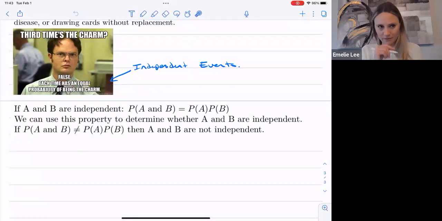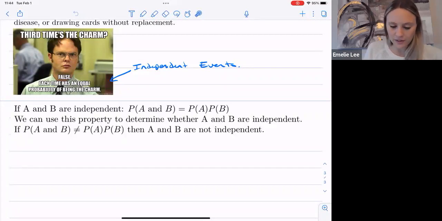Okay, so we can check to see if two events are independent mathematically. And that's how I want you to be checking it. So, we could argue whether two events are independent, oh, well, because knowing one affects the probability of the other. That's fine. But I also want you to support it with a mathematical check.